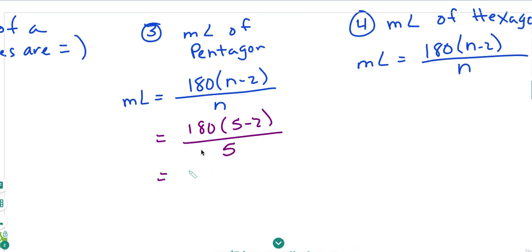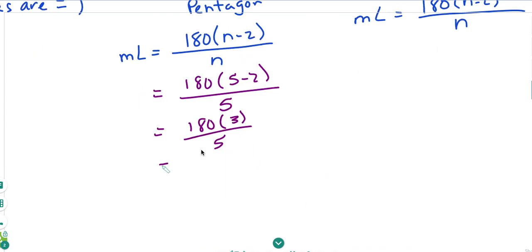So 180 times 3 divided by 5. 540 divided by 5 gives us 108. So the measure of the 5 angles in a pentagon, each one of those angles would be 108.